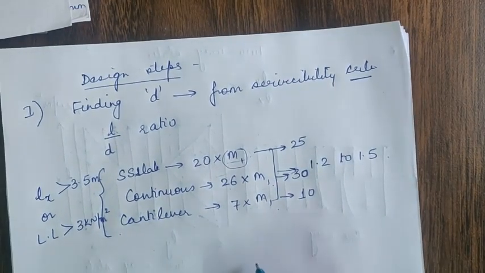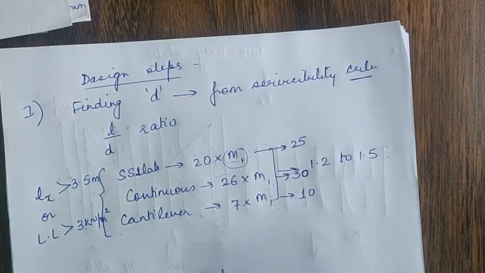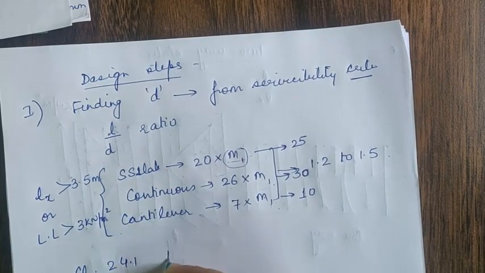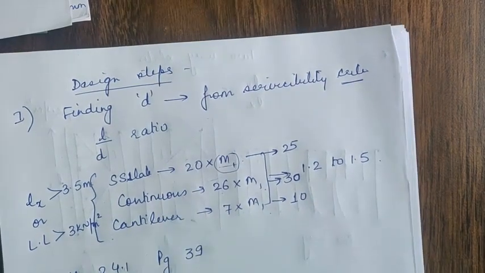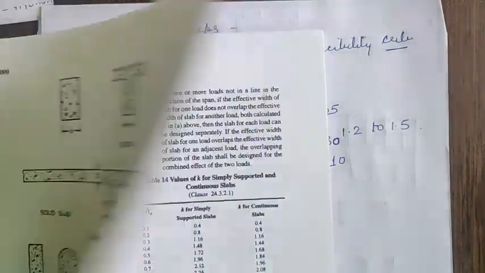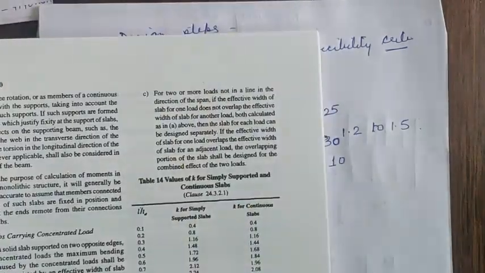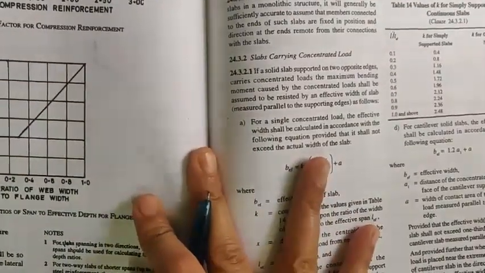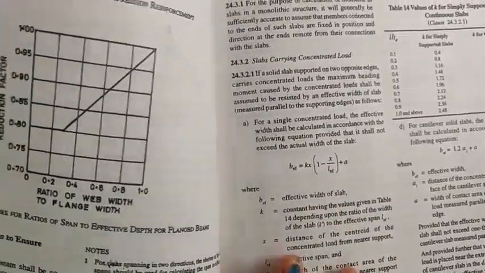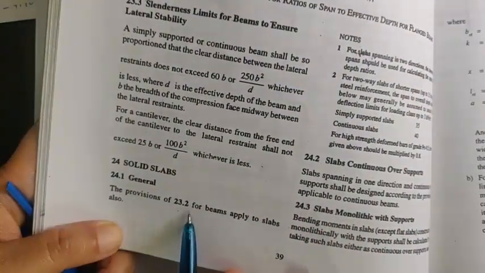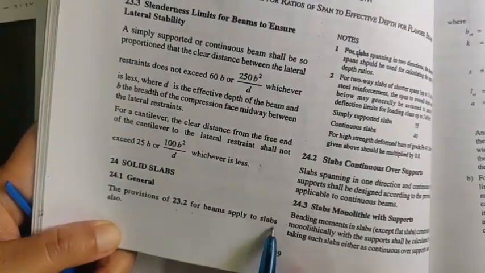Now, there is a clause 24.1, page 39. Okay, I am opening that clause. Yes. It says the provisions of 23.2 for beams apply to slabs also.